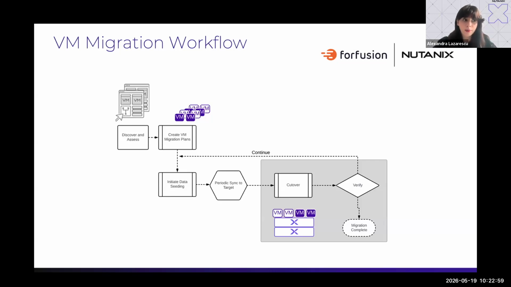If you're not happy, you can go and tweak some things in the migration plans, but essentially it allows you to perform the migration without actually performing it. So you are able to see how it reacts, how it works, and you're not putting your important production or anything else in danger doing so. Once you're satisfied, you've completed all the migrations of the virtual machines that you've selected. The migration is complete, and you're able to run in your new environment.